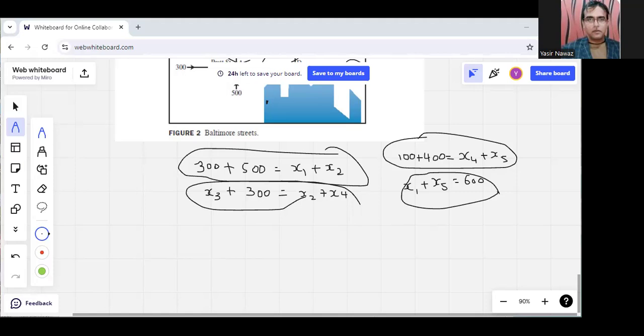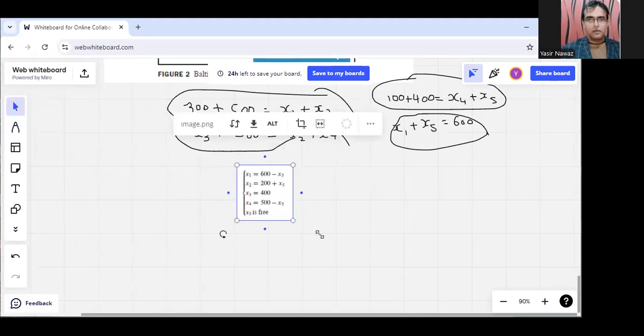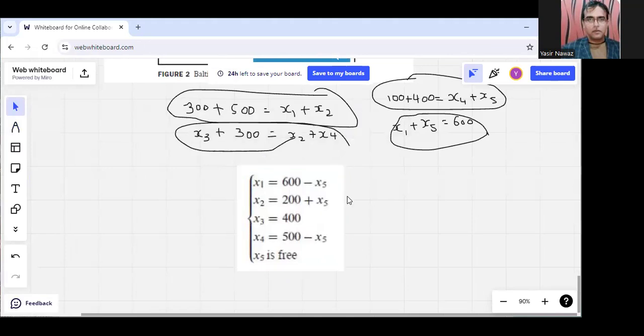So here you can find x1 is equal to 600 minus x5, x2 is equal to 200 plus x5, x3 is equal to 400, and x4. You can choose any value for x5, and you will get that x1, x2, x3, x4.